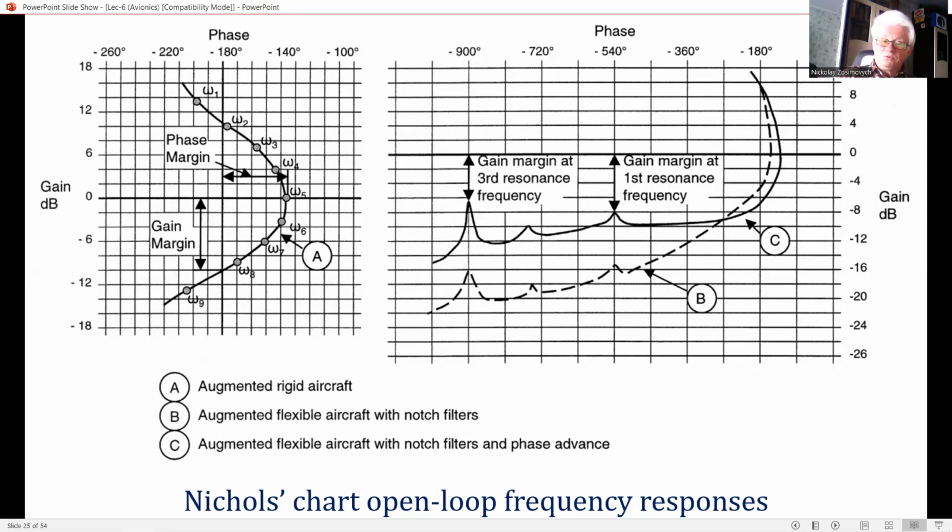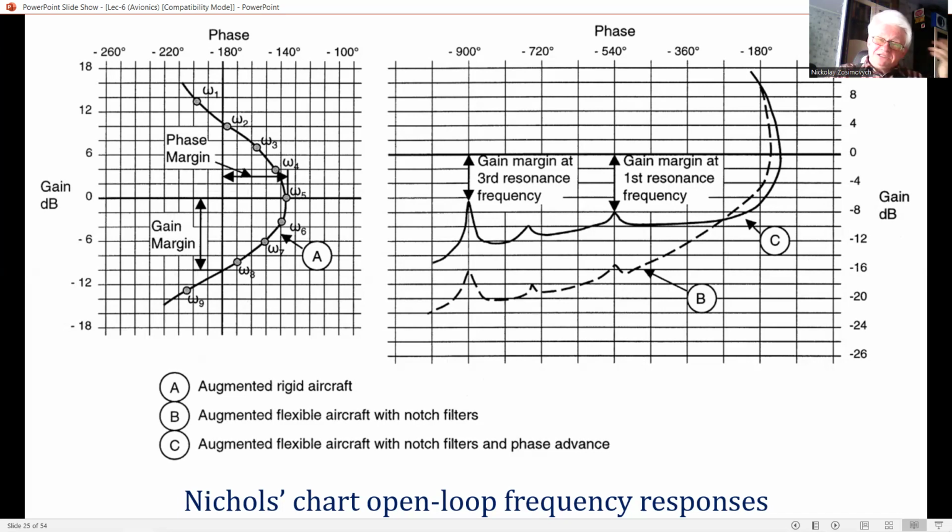In order for the loop to be stable at the structural resonance frequencies, the open loop gain must not exceed 0 decibel where the phase is minus 180 degrees plus multiples of minus 360 degrees.